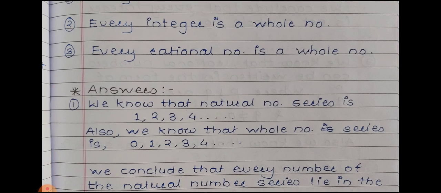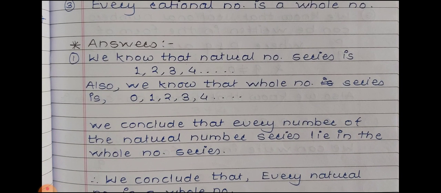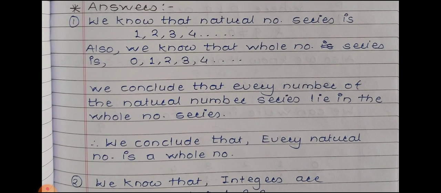So the whole number series is 0, 1, 2, 3, 4 and so on up to infinity. So we conclude that every number of the natural number series lies in the whole number series. Means 1 is a natural number, also 1 is a whole number. 2 is a natural number, also 2 is a whole number. So we conclude that every natural number is a whole number.